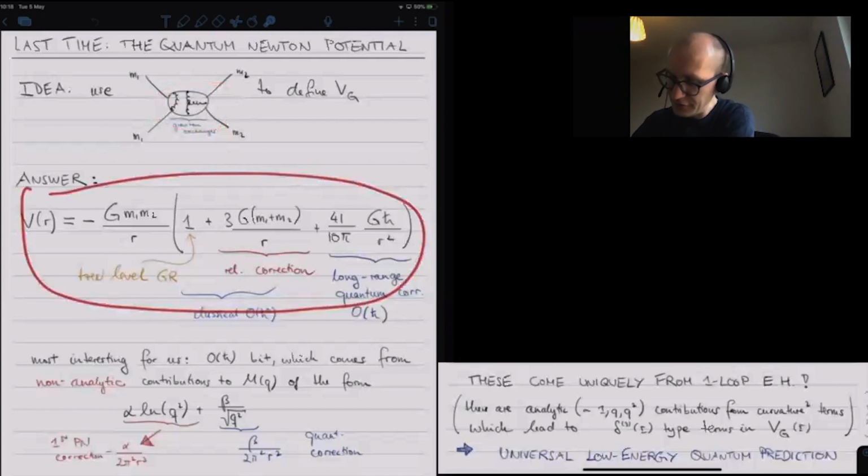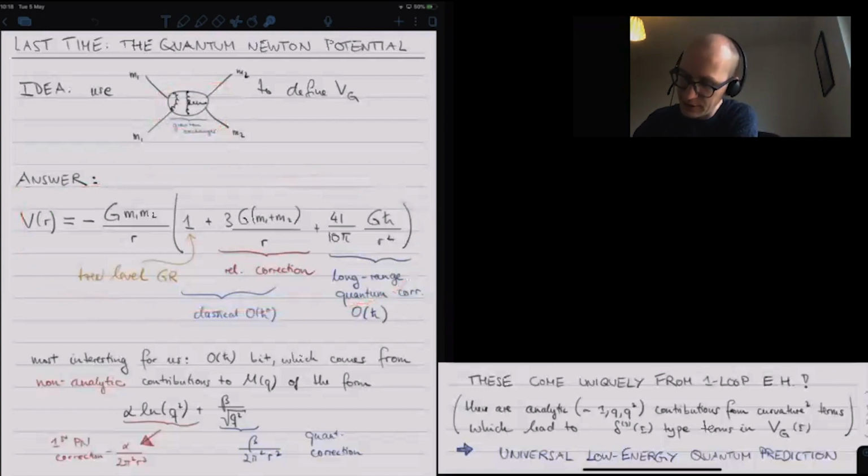I've written it where I multiply everything by the Newton potential. G is the Newton constant, and then of course the product of the two masses divided by R. The leading term, which is just that Newton potential, is what you get from tree level graviton exchange here.